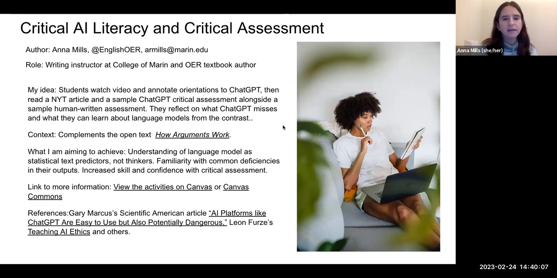And then they compare a human written and a ChatGPT written critical assessment of an article that they've read from the New York Times. I've pre-generated that essay from ChatGPT, so I'm not asking them to go in and do that, but I'm asking them to then annotate and notice what it misses.